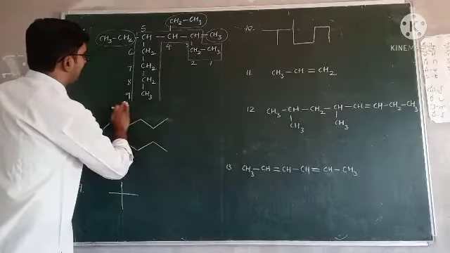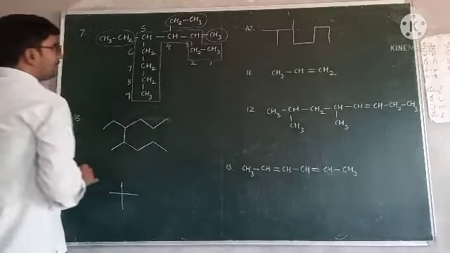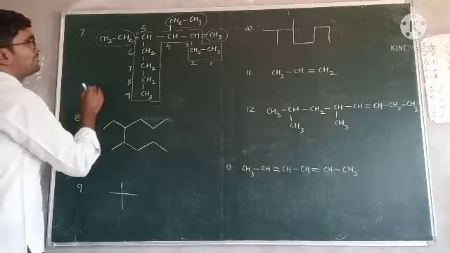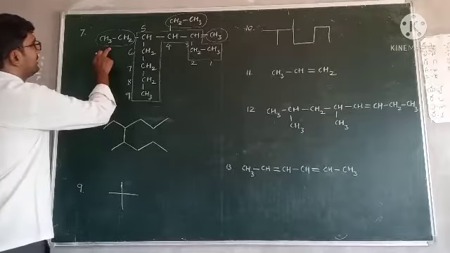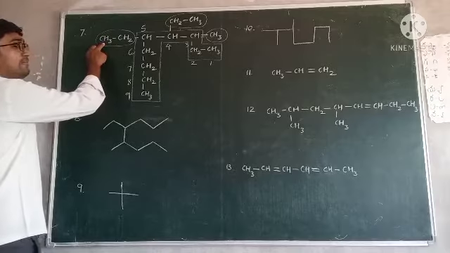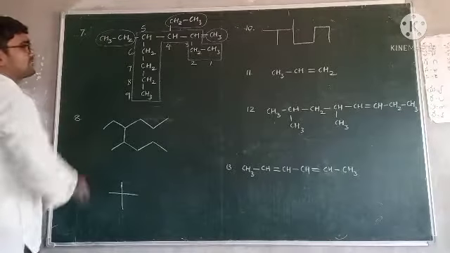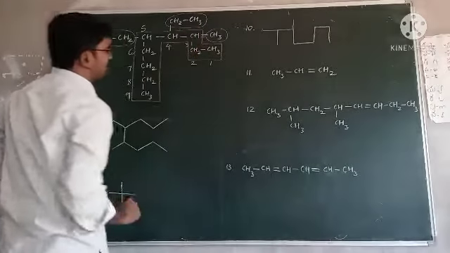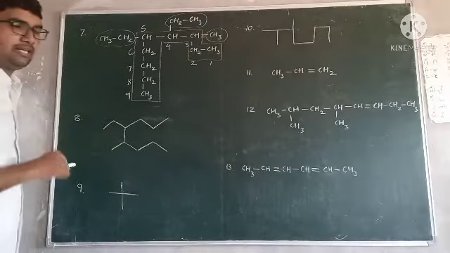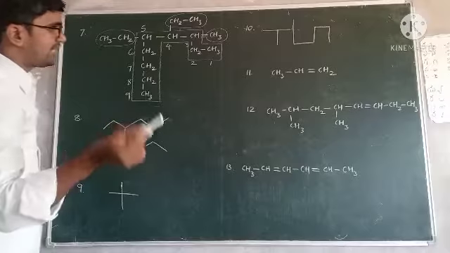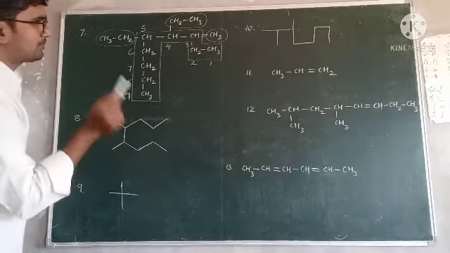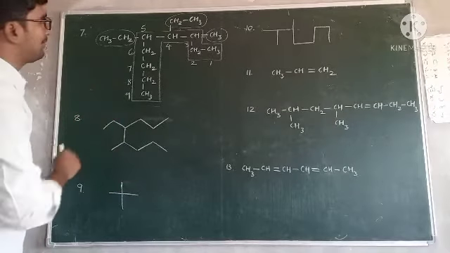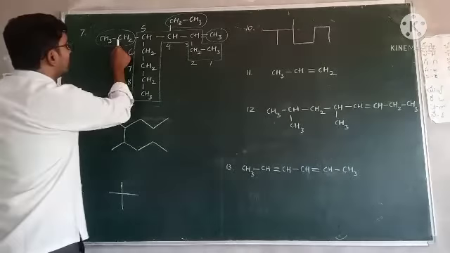First write the substitutions. How many substitutions are there? 3 substitutions. This is CH2CH3, meaning ethyl because 2 carbons. This is also ethyl. This is methyl. 2 ethyls, 1 methyl. Ethyl starts with E, methyl starts with M, so in alphabetical order E comes first. So give priority to these 2.